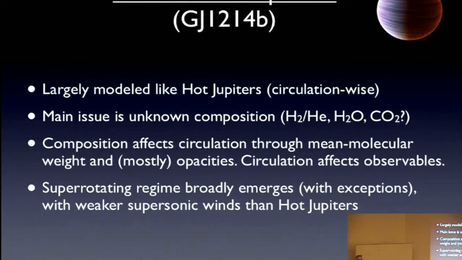But basically, we have planets for which we don't know if the atmosphere is Jupiter-like, hydrogen and helium, or maybe dominated by water, or maybe dominated by CO2. All of that is a possibility. You can build that planet in different ways and get the right mass and the right radius.